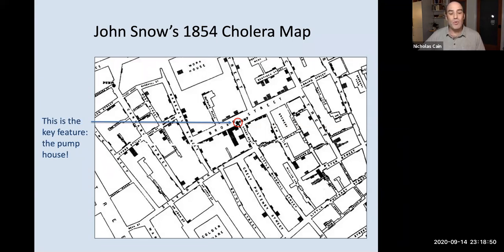This map allowed John Snow and those who analyzed it to make an association between this particular pump house and deaths from cholera. By looking at that spatial relationship and noting that the most deaths tended to be closest to the pump house, public health officials in London made the association between cholera and water, as a waterborne disease, coming from this particular pump house.